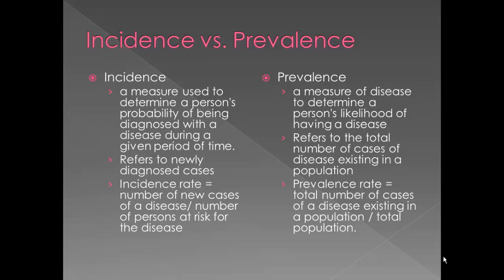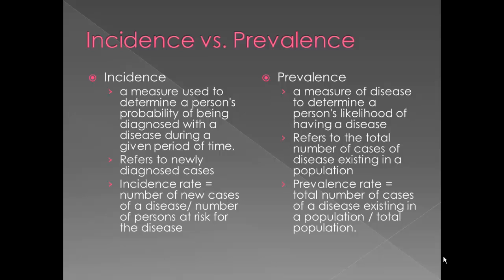So we might look at the incidence of cervical cancer in a given period of time, and we might use that to determine how often we need to do Pap tests. We might use that to estimate how many people might get sick at any time. But this specifically refers to newly diagnosed cases.